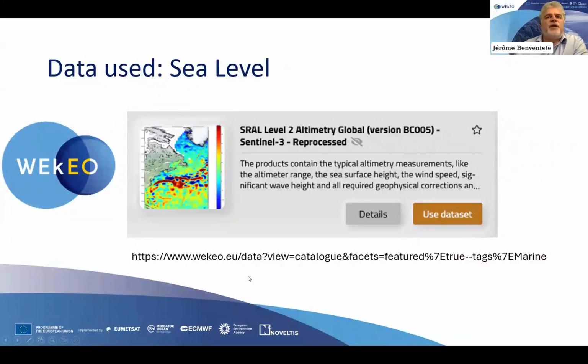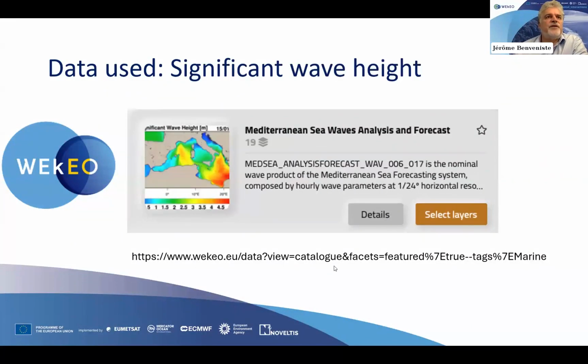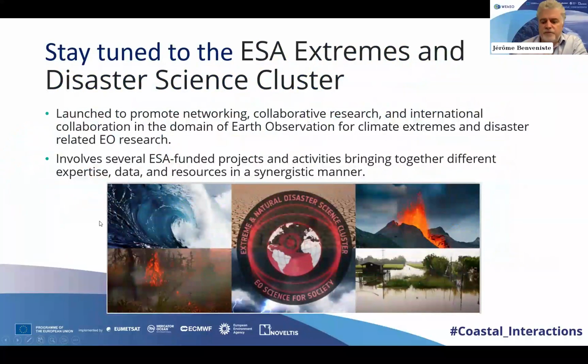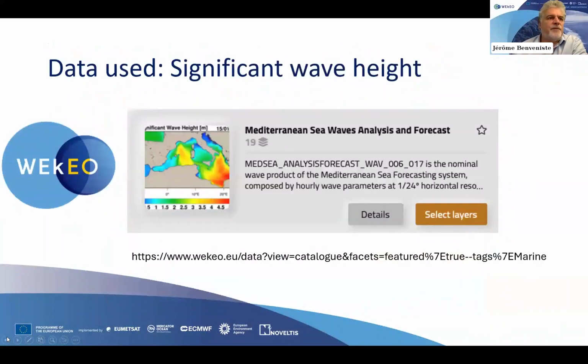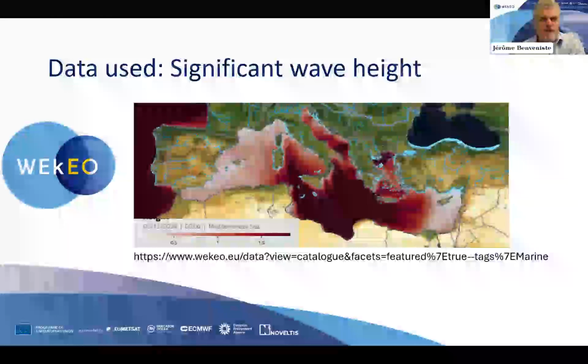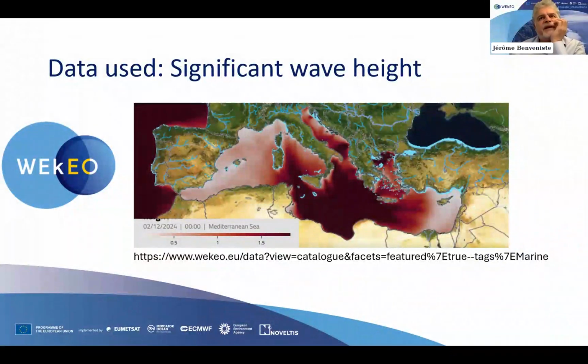Of course, altimetry for Sentinel-3, Sentinel-6, and also wave height you can get from WEkEO. And you can make a beautiful map with the tools that was presented earlier. This is of the 2nd of December, the map in the Mediterranean Sea of wave heights.